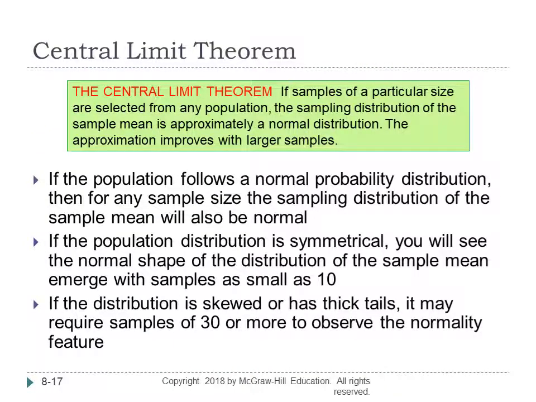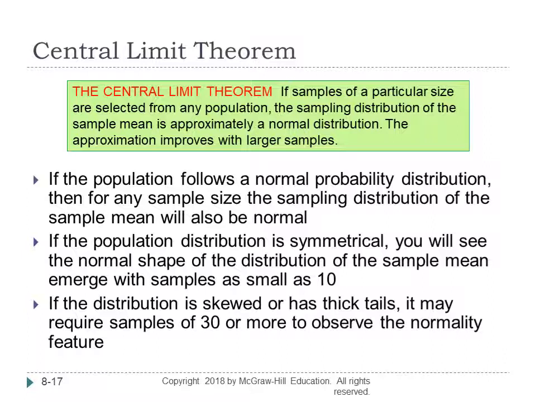Here is now the central limit theorem, which is an important theorem in statistics. The central limit theorem tells us if samples of a particular size are selected from any population, the sampling distribution of the sample mean is approximately a normal distribution. The approximation improves with a larger sample.